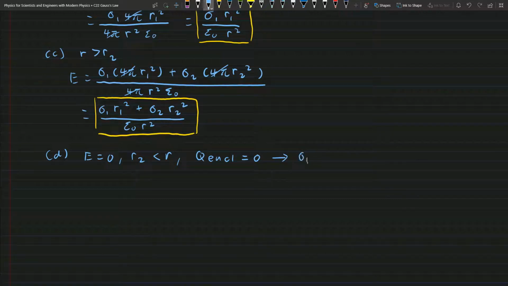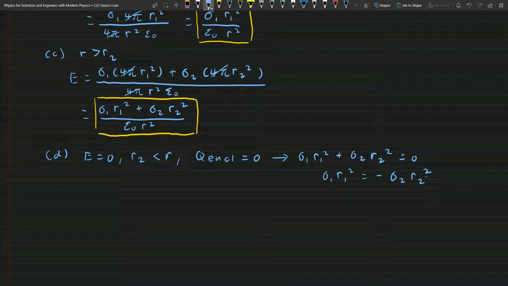So we can write this way: sigma 1 r1 square plus sigma 2 r2 square equals 0, and this sigma 1 r1 square equals minus sigma 2 r2 square. You can see here that this has an extra negative here.